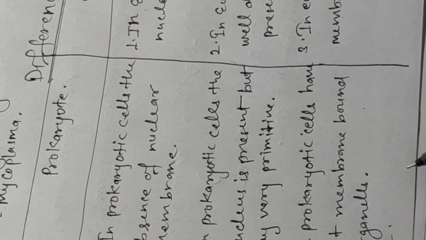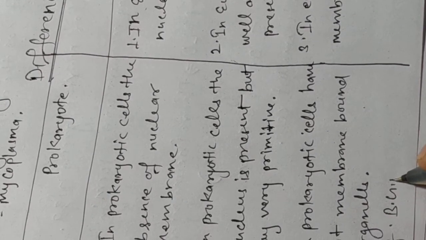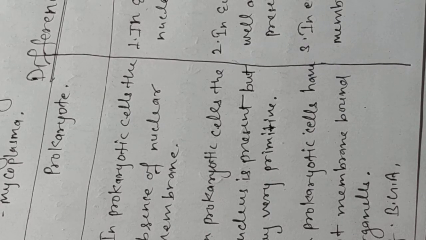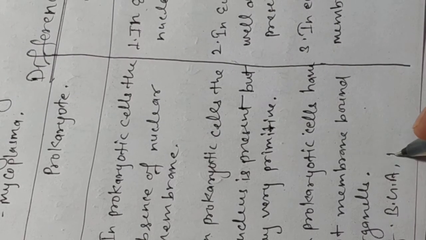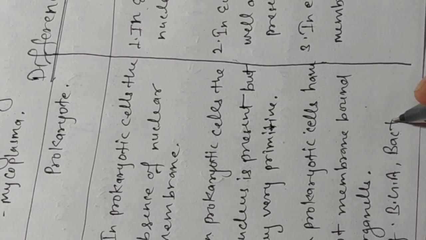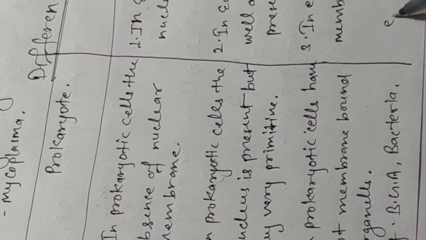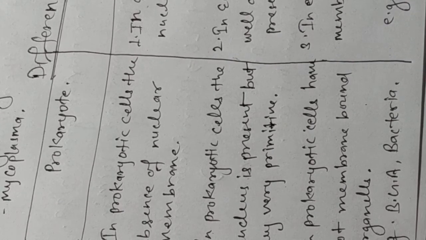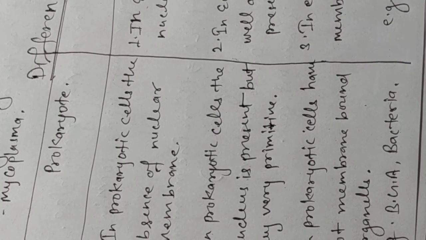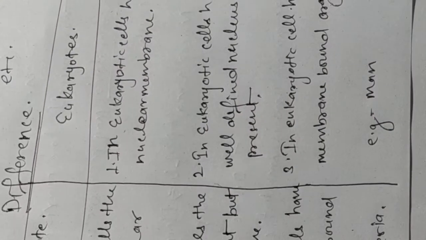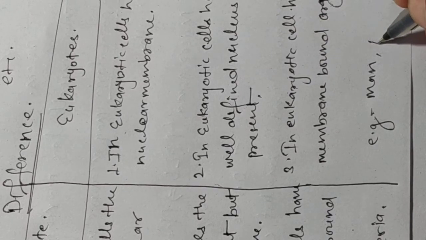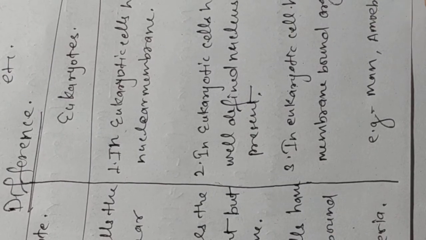For example, BGA, that means blue green algae, and bacteria are prokaryotic. Man, etc. are eukaryotic.